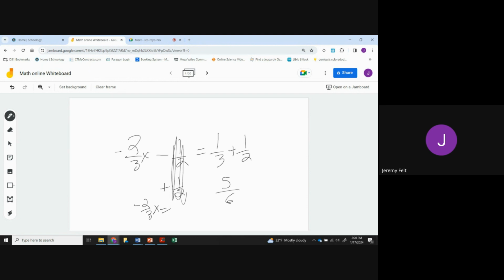We add those together, so we get 5/6. And now we're multiplying, so we divide, but when we divide by a fraction, it's the same as multiplying by the reciprocal. So I get positive 1x, just x, equals negative 5/4. And again, the negative symbol can be the numerator, denominator, or even with the division bar. Just make sure we know that it's negative 5/4.